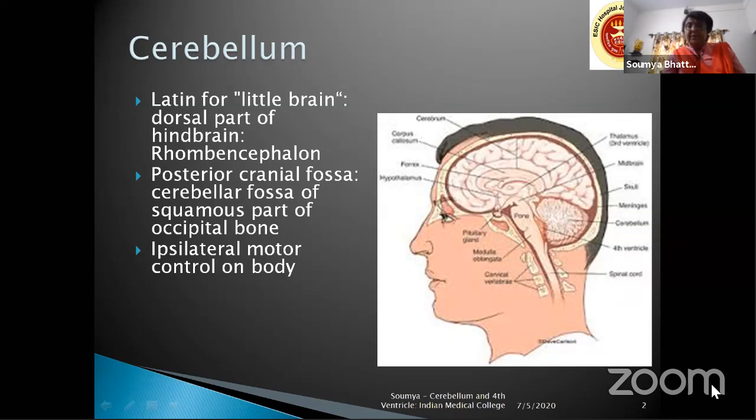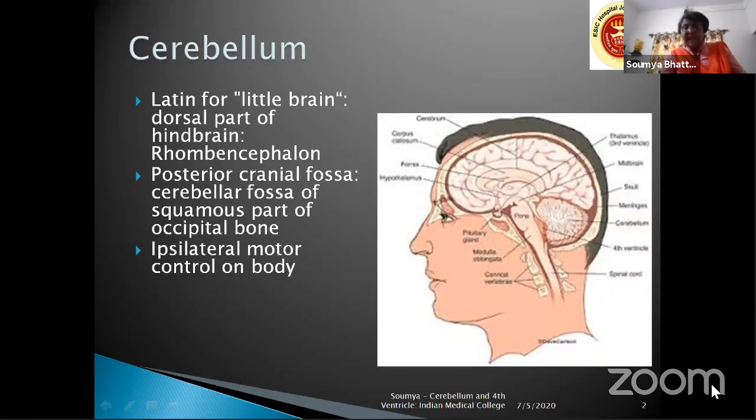So, my dear students, you know that posteriorly the occipital bone is located, and if you look at the inner aspect of the bone, you will find there are fossae, and these are for the lodgement of the cerebellum. Cerebellum is very important because it is concerned with the ipsilateral motor control of the body. I emphasize the two words, ipsilateral and motor.